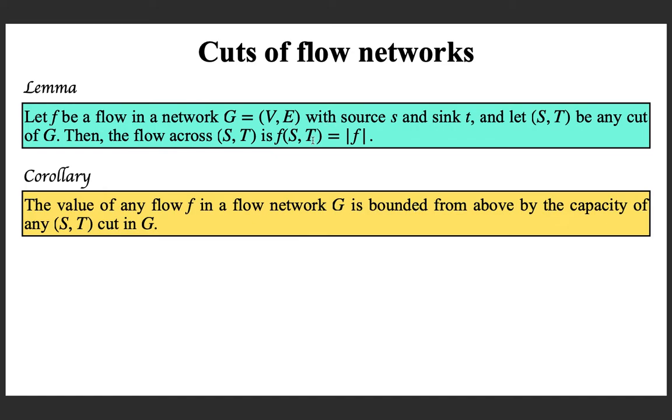Here the lemma says the value of the flow is the same as the flow across the cut. Then what can be the maximum flow? The maximum flow across the cut is upper bounded by the capacity of the cut, and that is how the corollary follows. The proof is given as a homework exercise, which is nothing but what we have discussed. You can do it very formally.